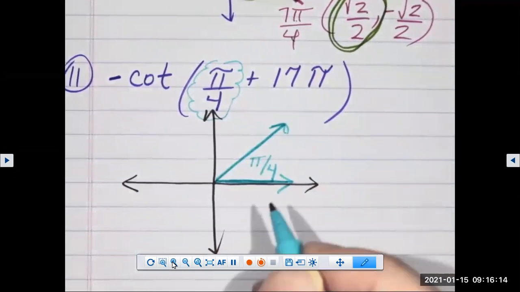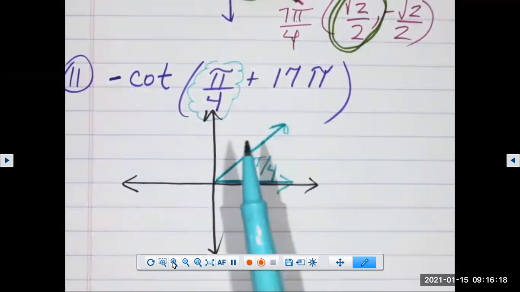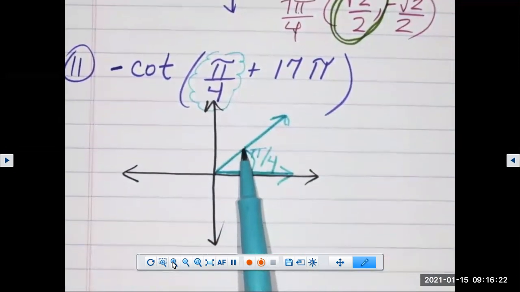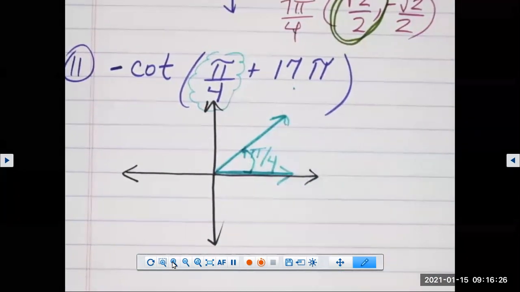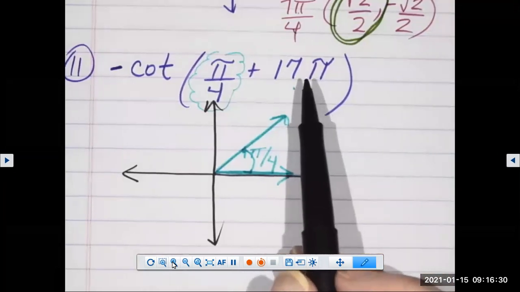Okay, you have to figure out, so we rotated here and this is where we're at. If we add 17 pi how many rotations is in that? It's definitely not a multiple of 2, but how many rotations would be in this? Good.